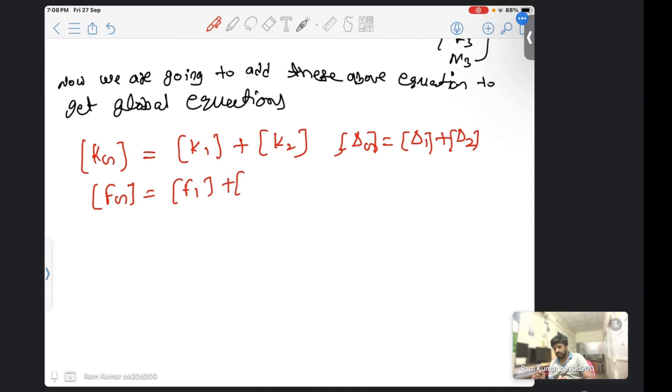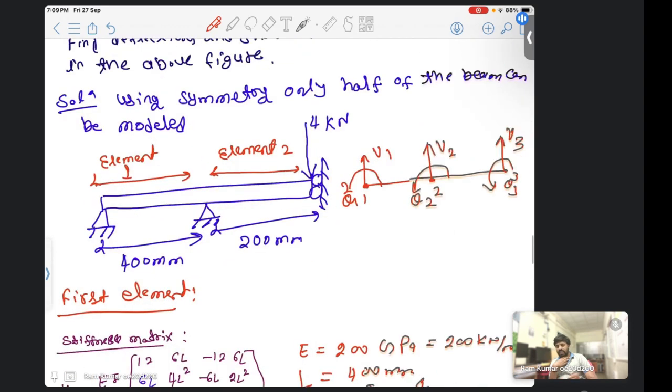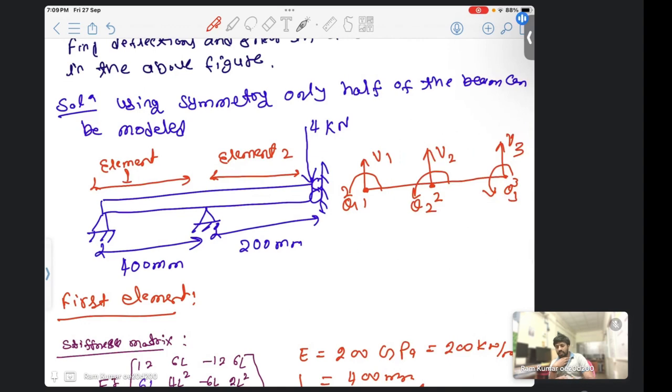Add the respective degrees of freedom. Only those that are sharing we have to add. From this element we can easily see that this second node shares 2 degrees of freedom, B2 and theta 2. So at this node we have to add only.